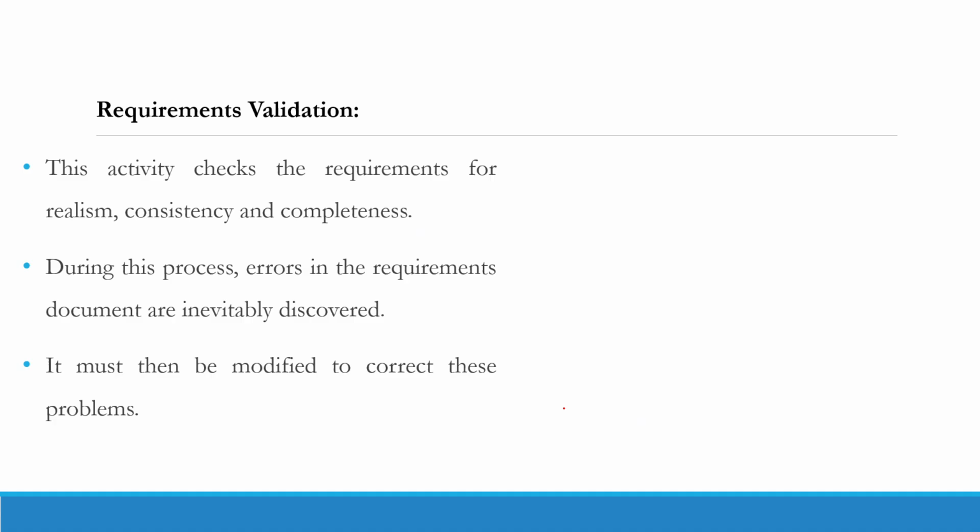Having this in mind, we will specify or define sets of requirements. What's next is requirement validation. Here, in this part of the software specification, we are going to check whether the requirements are complete, consistent, and based on the realities. So this activity checks requirements for realism, consistency, and completeness.